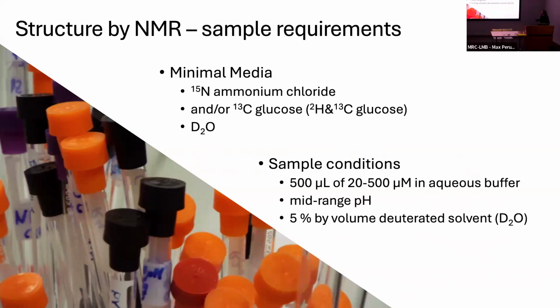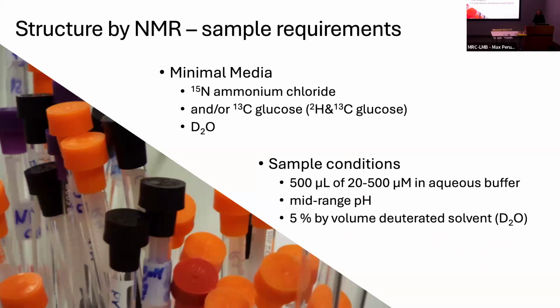So again, sample conditions. For structural work, we're probably asking a bit more than 20 micromolar, but starting at, say, 50, 100 micromolar up to 500 micromolar of your sample in an aqueous buffer, 500 microliters if you can.